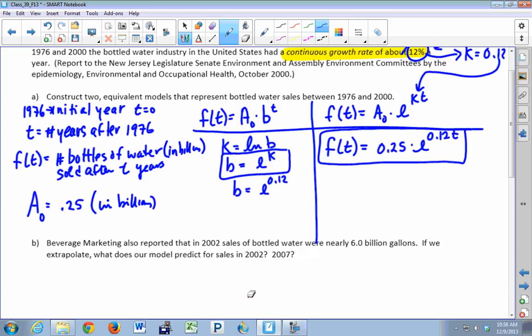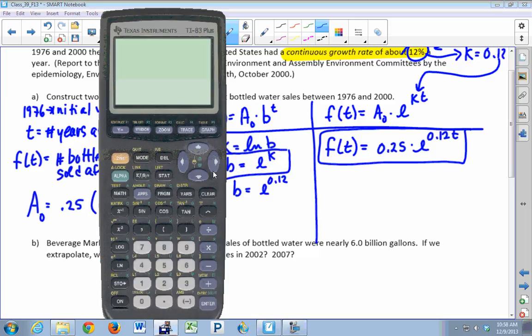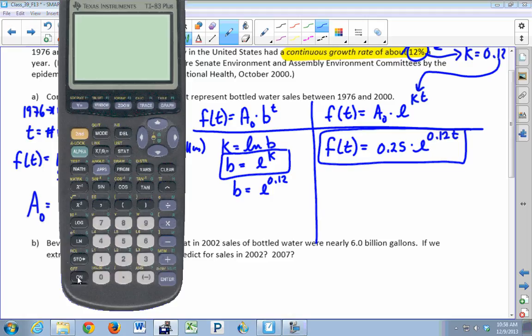So we put that into our calculator. We can get an approximation for that. Let's clear this all out. So we go second natural log, and we put in 0.12, and there's our value for B. That's our base, 1.127496852.